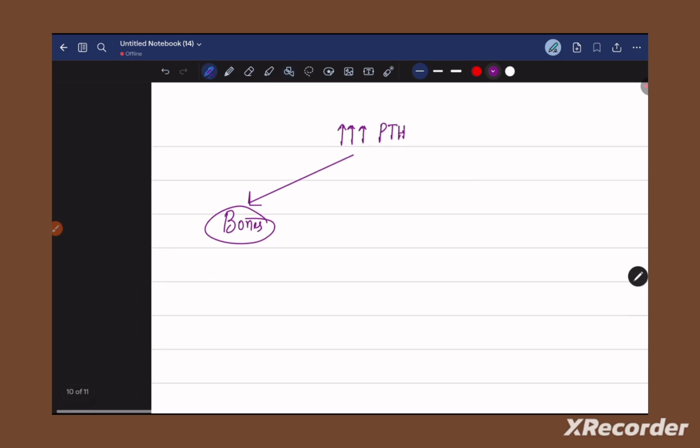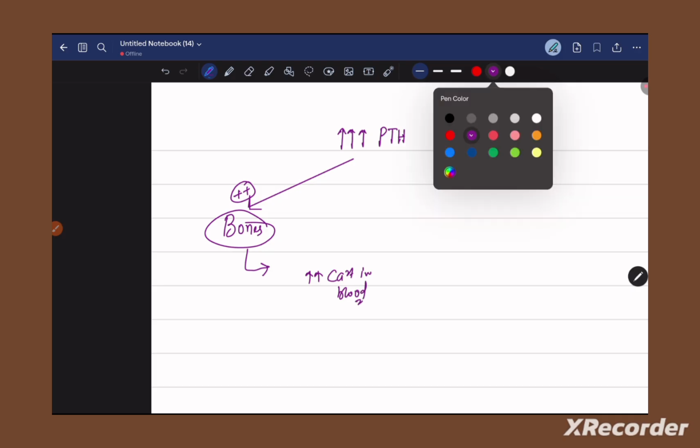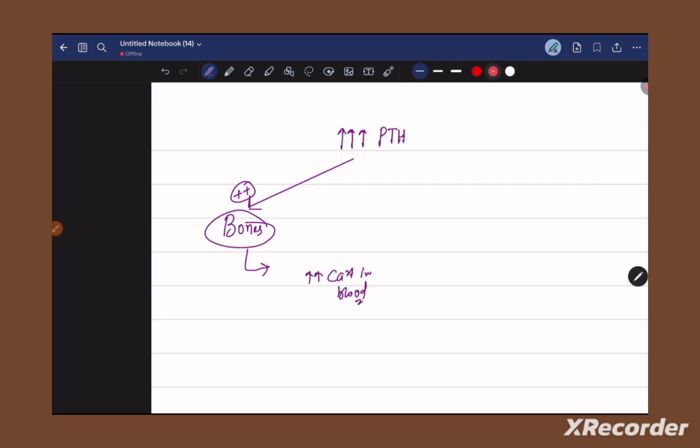It will hyperactivate the osteoclasts in the bones and cause resorption of these bones, and will tell the osteoclasts to reabsorb calcium. So there will be increased calcium in blood. First. Second, this increased PTH will act on the kidneys.